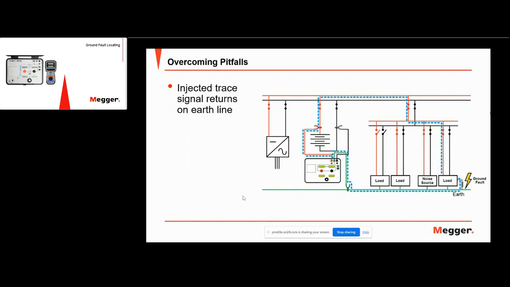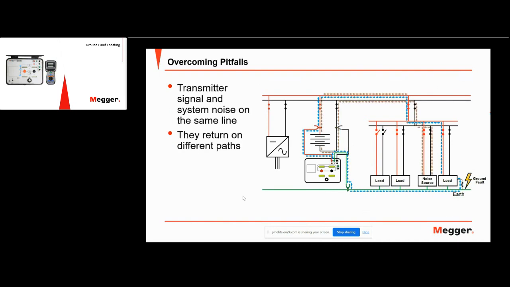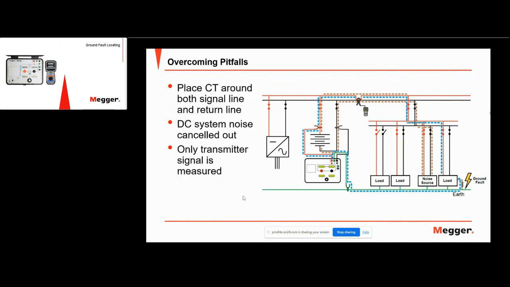The transmitter is not connected between the circuit and return. It's connected between circuit and earth. So the transmitter current, although it goes through the circuit, returns on earth, not on the return line. So they return on different paths.